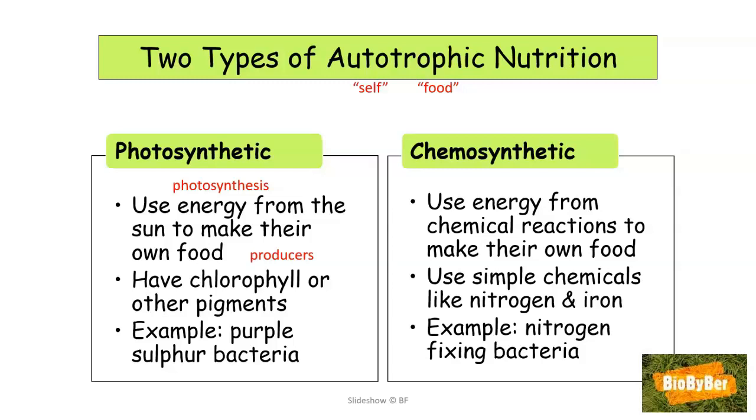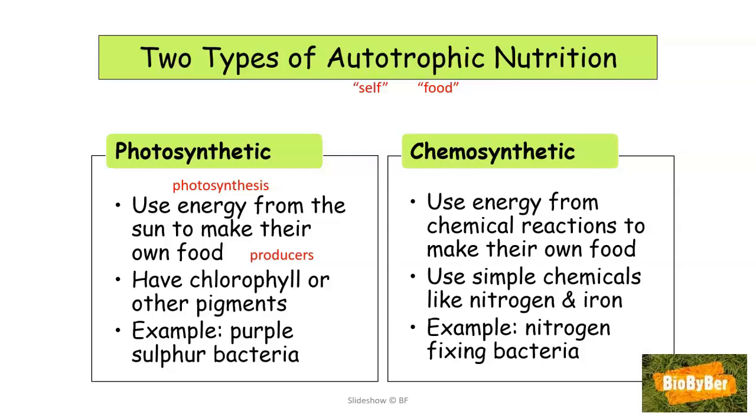Chemosynthetic bacteria use energy from chemical reactions to make their own food. They use simple chemicals like nitrogen and iron. An interesting example here are iron-digesting bacteria that can be found down on the Titanic wreck. Iron-digesting or iron-oxidizing bacteria are gradually disintegrating the Titanic.